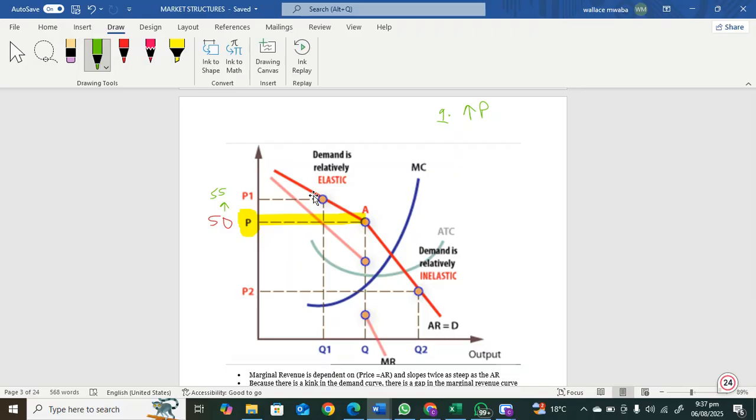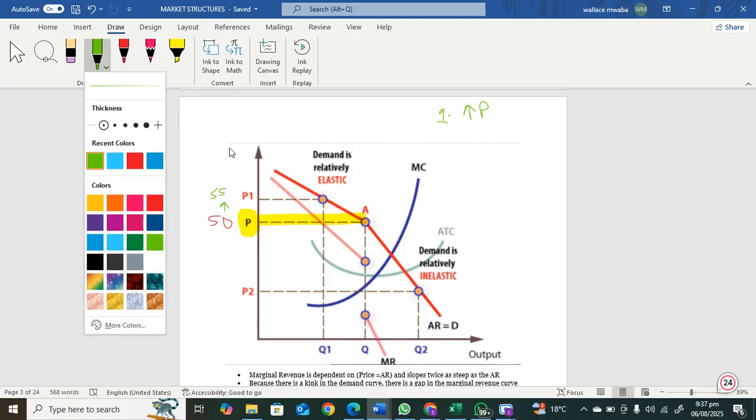Any questions before we go now to the inelastic side? Okay. Scenario two. All three firms at first are charging 50 kwacha.